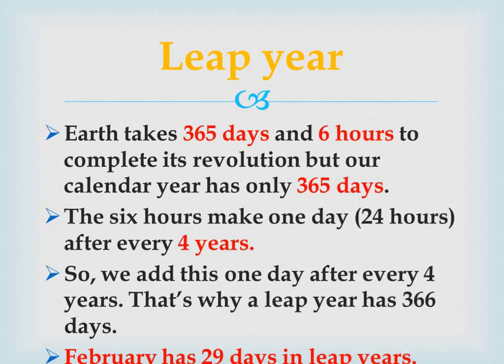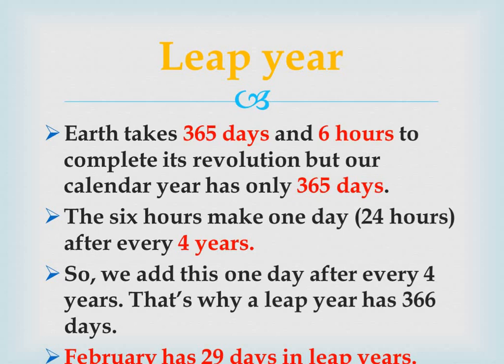So after every 4 years we have 1 day by adding 6 hours every year. So we add this 1 day after every 4 years. Instead of taking 6 hours every year, we are adding 1 complete day after every 4 years.